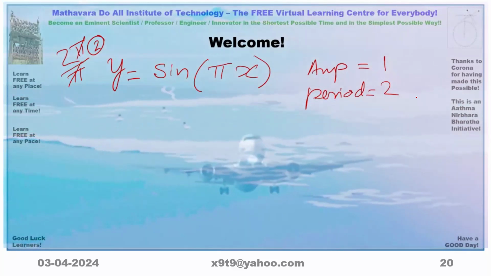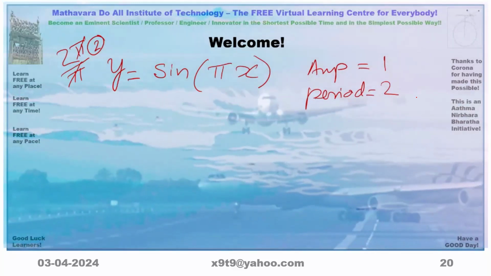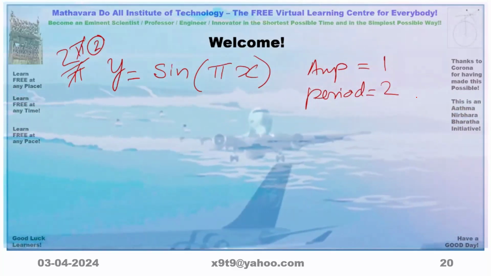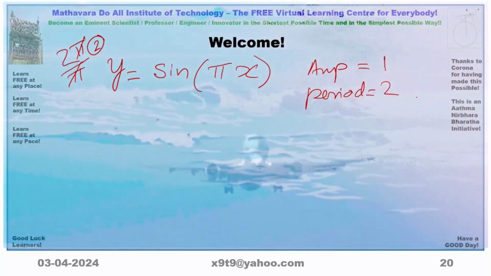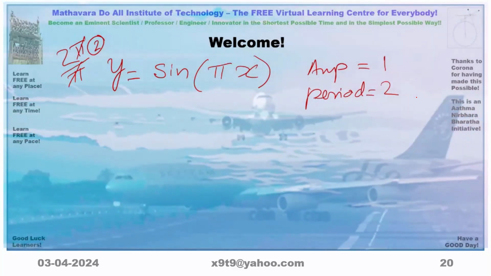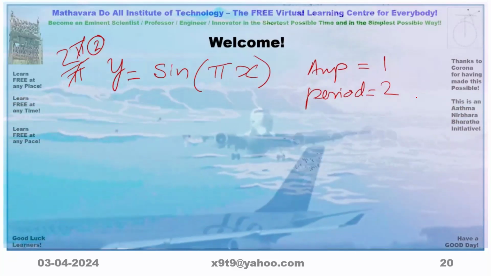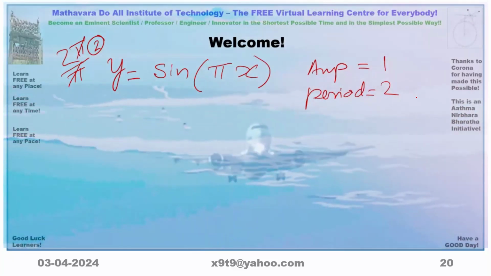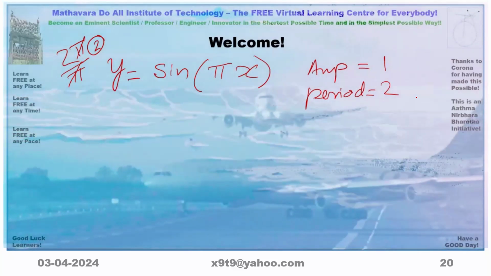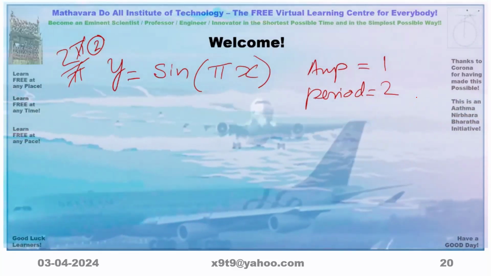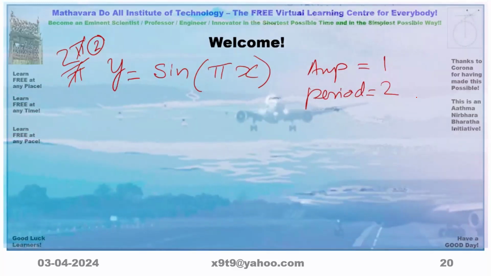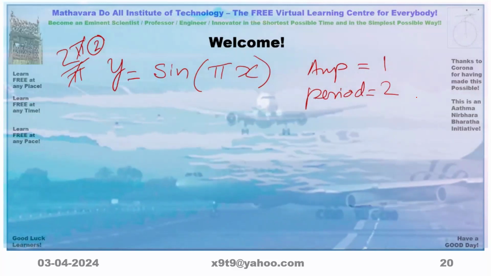Is 1 to 4 okay? Monday, 1 to 4, yes. What about Tuesday? Tuesday, I'm not sure. Maybe Wednesday. Wednesday, 1 to 4. Okay. What about Thursday?